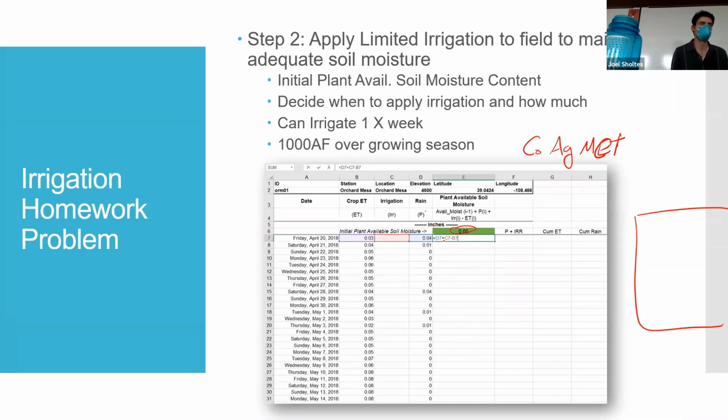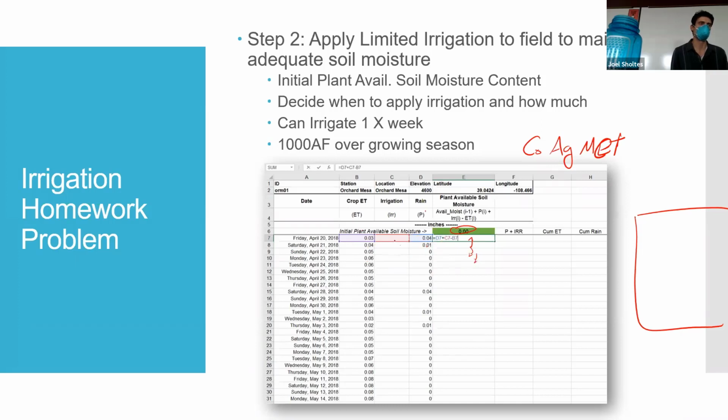We start with our initial, then we subtract evapotranspiration, add any irrigation that we want to apply, and then add any precipitation. For the next day, I take my soil moisture from the previous day, subtract evapotranspiration, add irrigation, add precipitation. And so I march down each day.